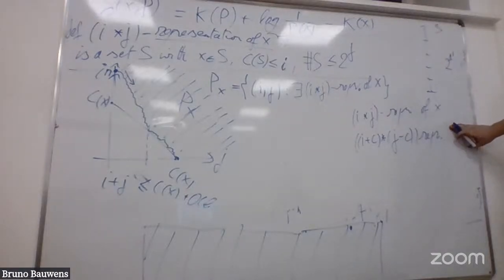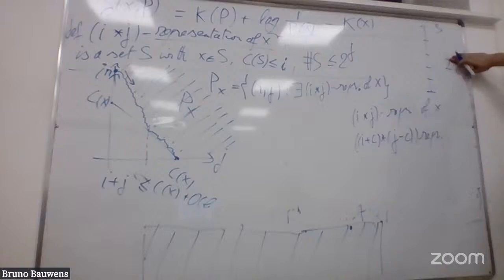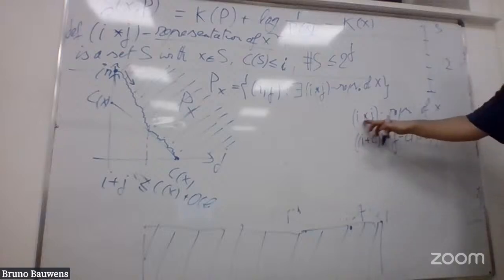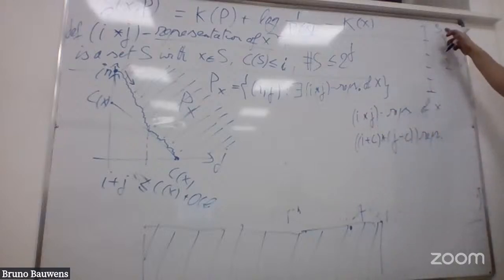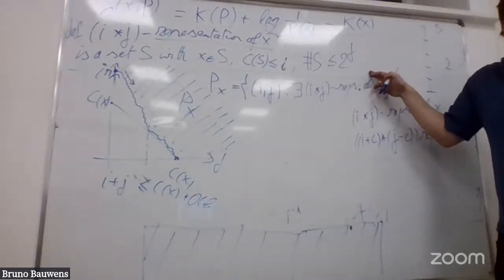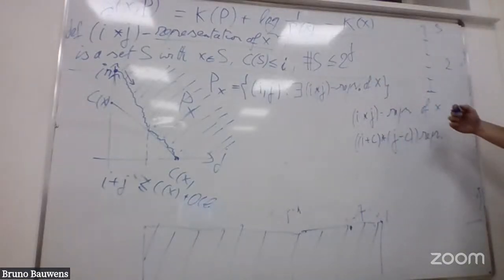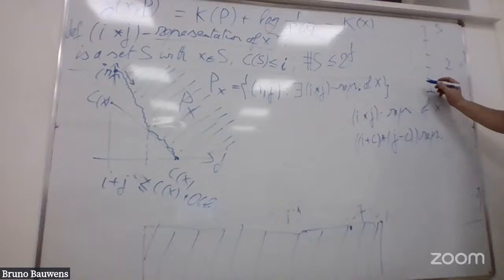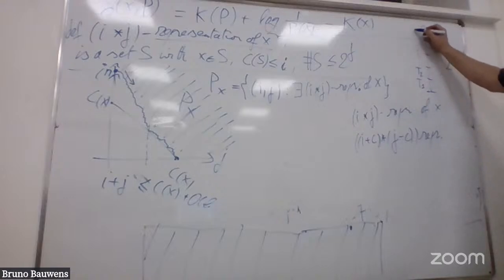So that's the claim. So how do we prove it? If you have an (i, j) representation, there is a set S of complexity i that satisfies all these conditions here. Now we will create smaller sets. So let us make sets T1, T2, and so on, up to T to the power 2 to the power c.